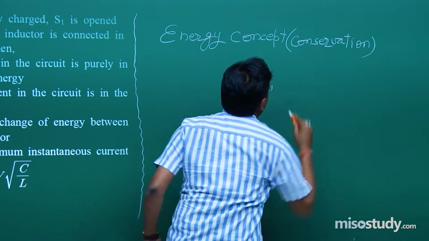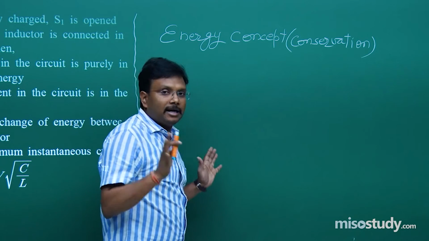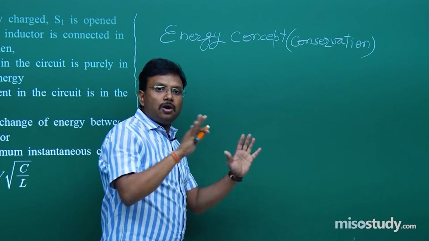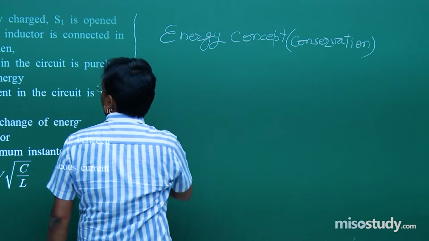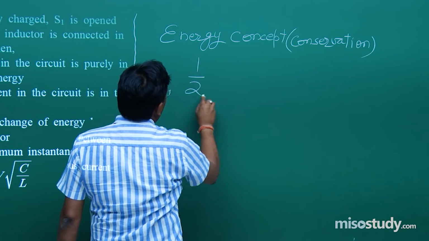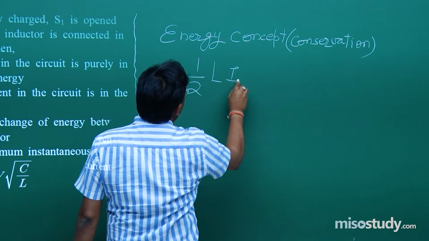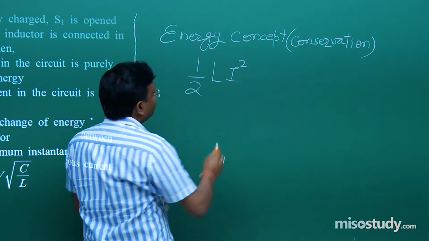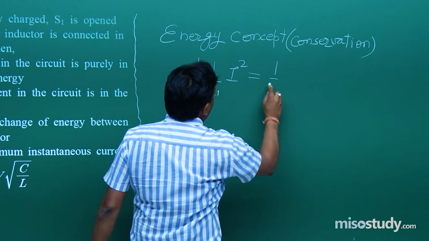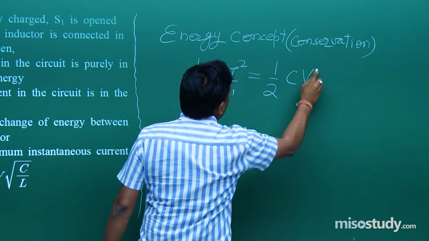Okay. It means what? Ideal assumption. No loss in wires. So what I can write down? I can write down half Li square, simple, energy stored in inductor, is equal to half CV square.